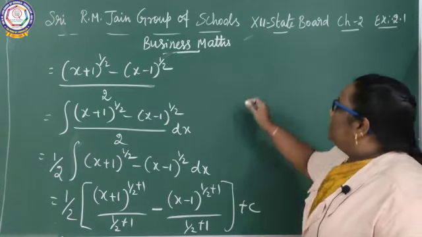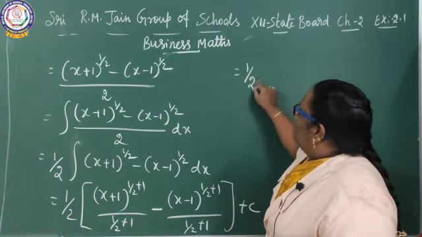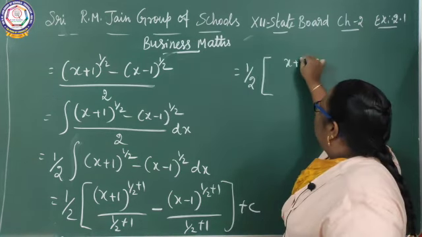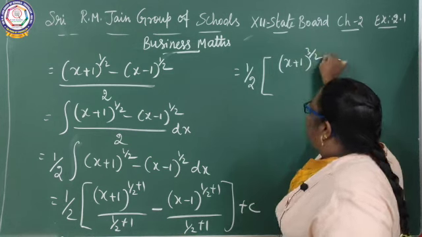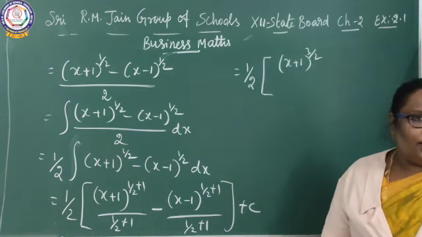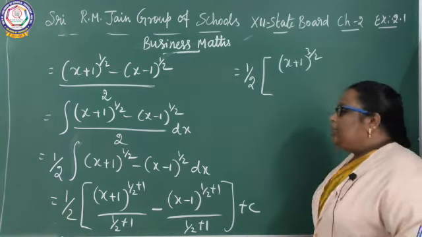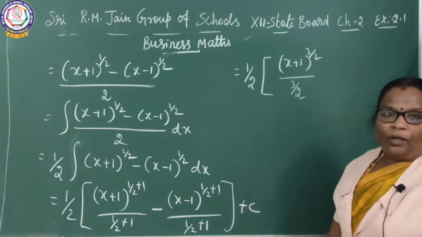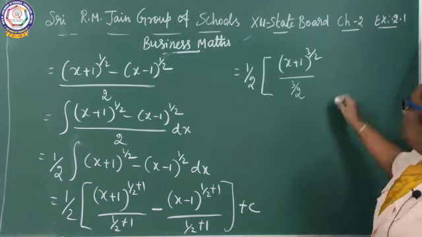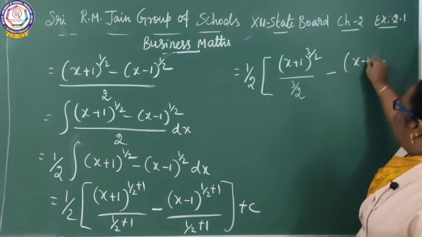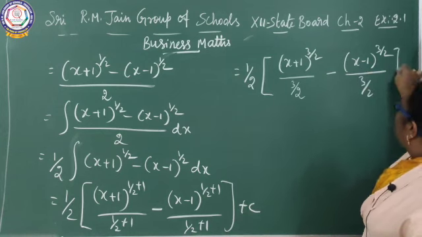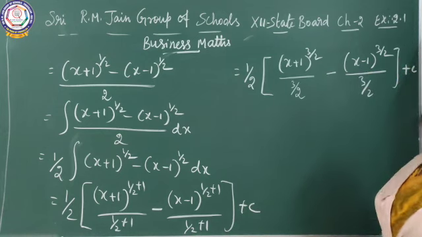So, it gives 1 by 2 into x plus 1 whole power 3 by 2, because 2 is the LCM. 1 plus 2 by 2, 3 by 2 by 3 by 2, minus x minus 1 whole power 3 by 2 by 3 by 2 plus c.